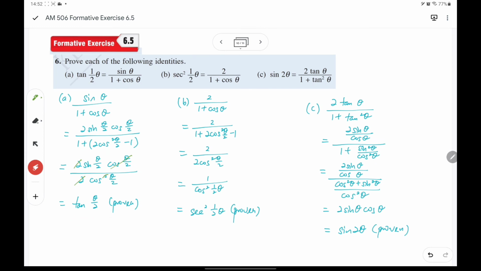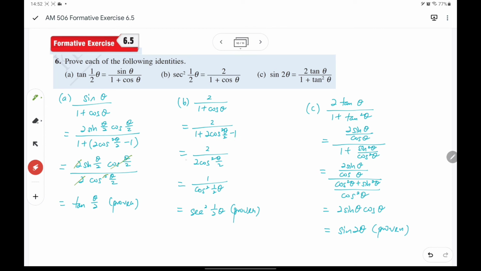Proven. B. Secant square of 1/2 theta equals 2 over 1 plus cosine theta. So same, we'll start with the right hand side, as the theta here is double of the half theta. So 2 over 1 plus cosine theta equals 2 over 1 plus 2 cosine square theta over 2 minus 1.